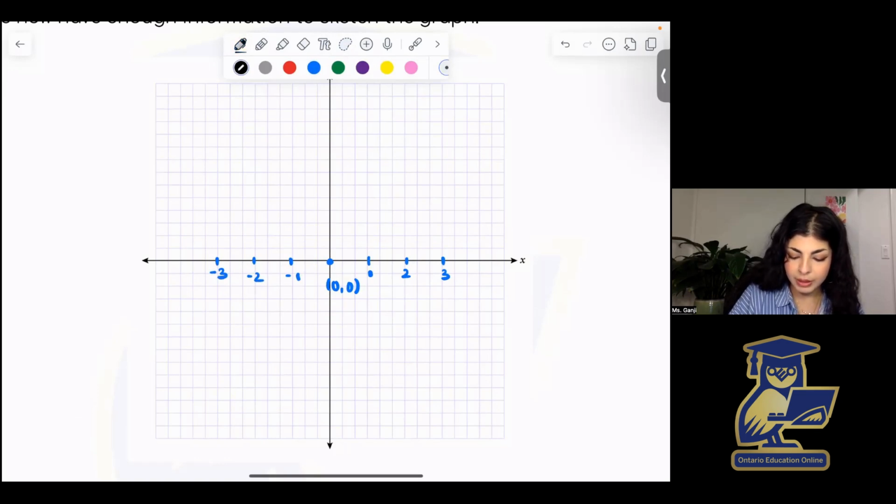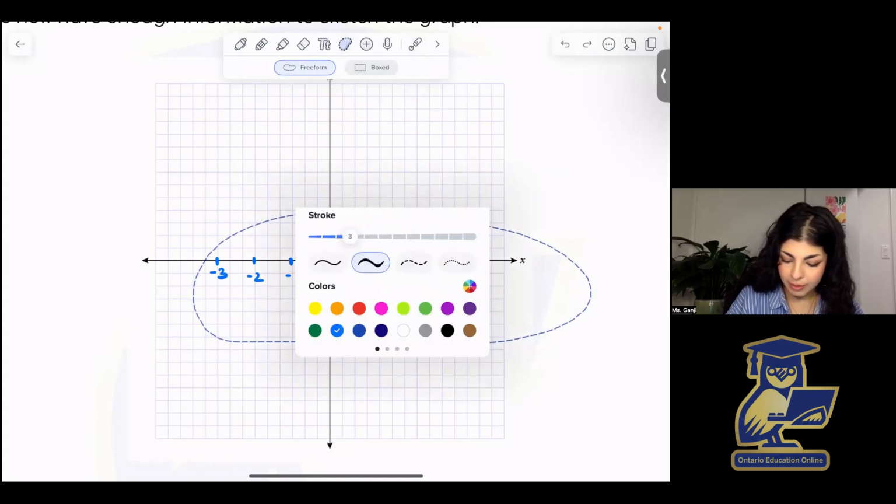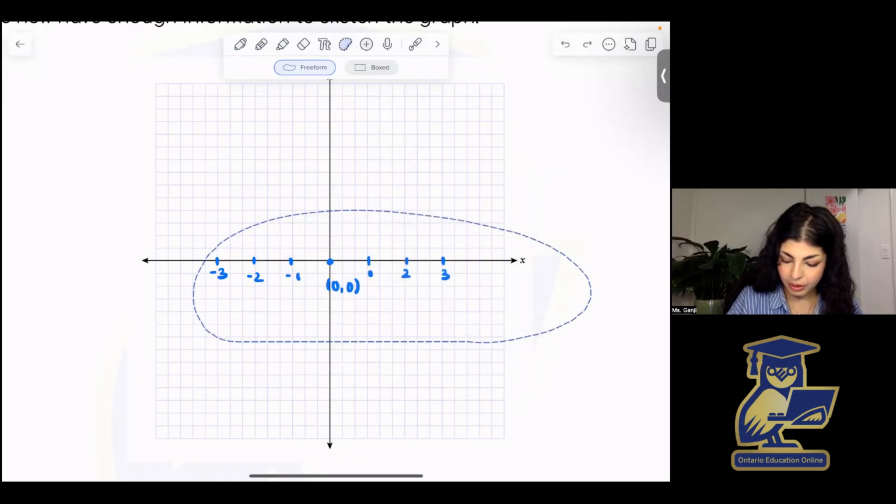And the reason I do that is because now I can actually say that that one is -5/3. I'm going to do all of these in black, so I can draw my graph in blue.